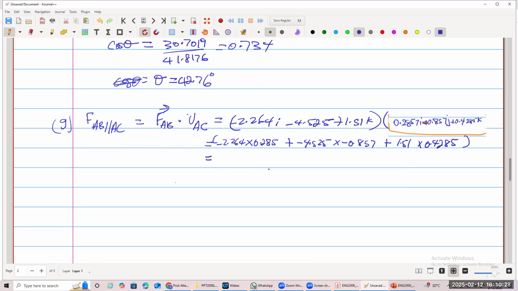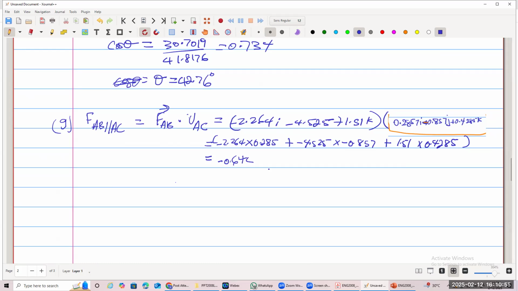So it is minus 2.264 times 0.285. You get a value here, a minus value, right? A very small value.